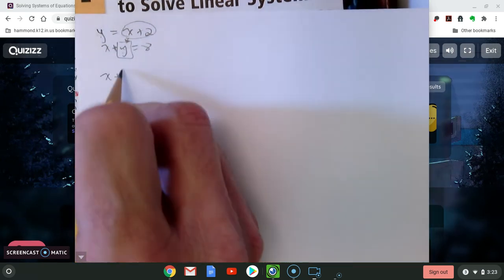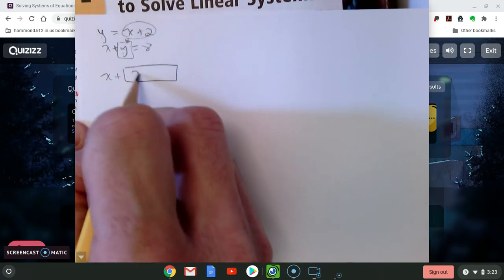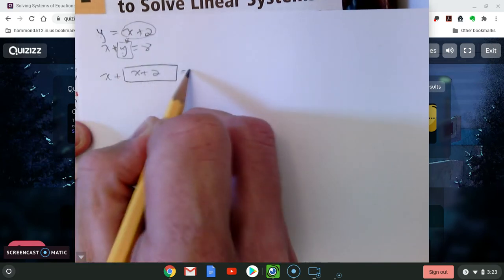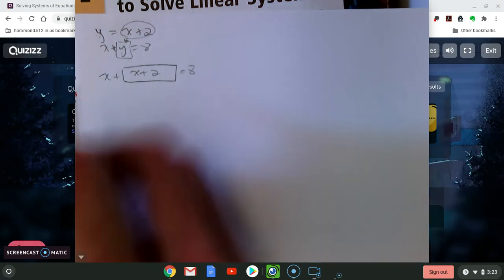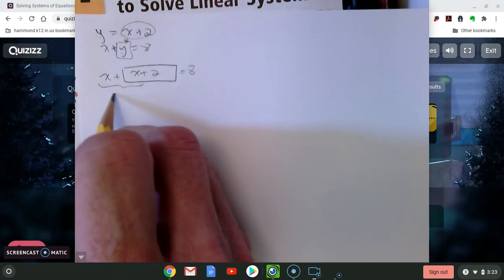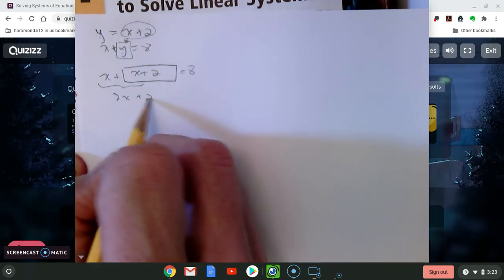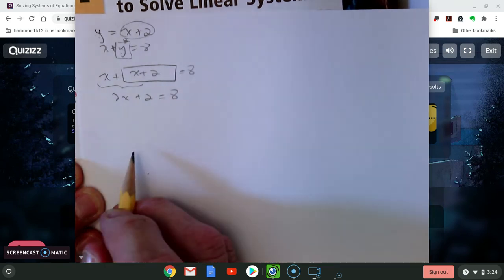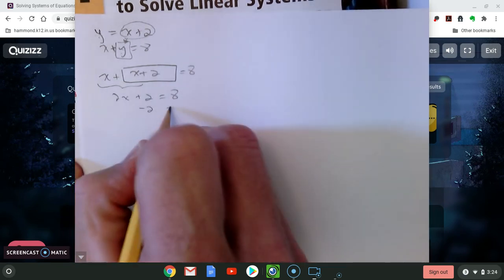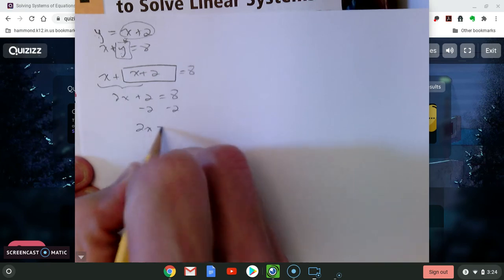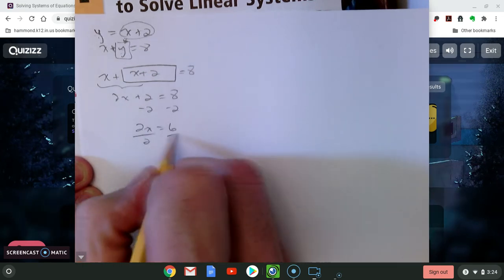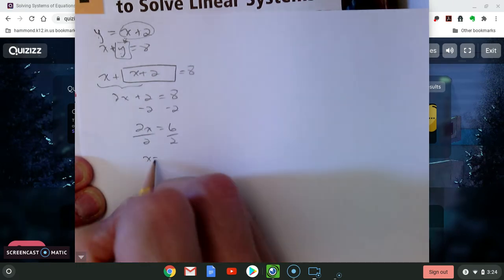So instead of x plus y equals 8, I've got x plus x plus 2 equals 8. So combining like terms, 2x plus 2 equals 8. Subtract 2 on both sides, and divide by 2, and x equals 3.